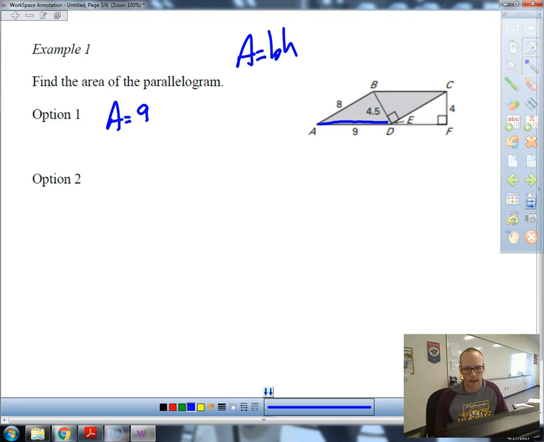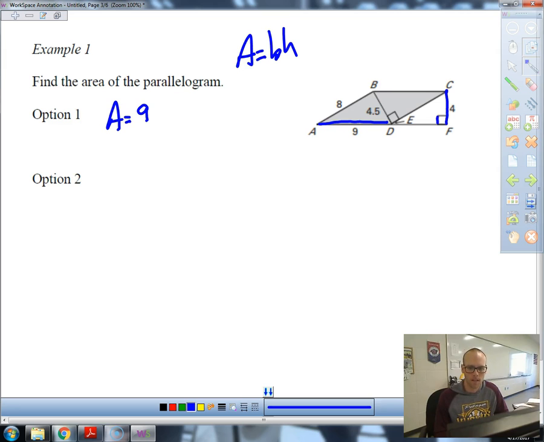Now, if 9 is my base, this length down here, we know the height has to go from the opposite base and be perpendicular to this base. Where do we see the height? Is 4.5 the height of the parallelogram if I'm using 9 as my base? No, the 4.5 does not form a right angle with the side length of 9. Okay? The height is actually over here.